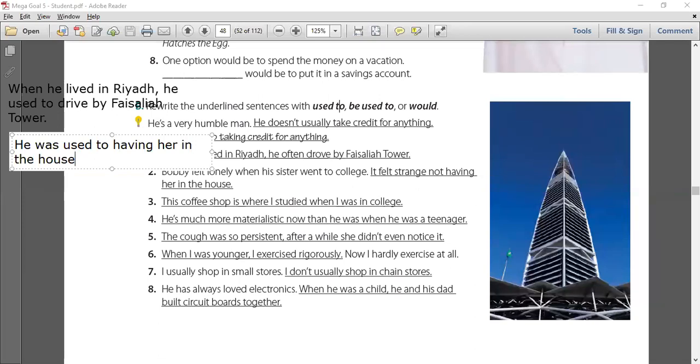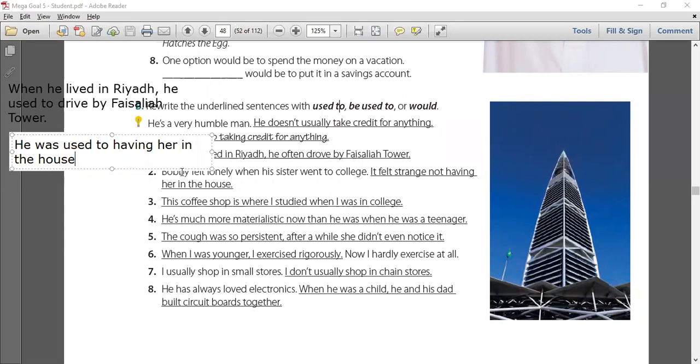Yes, I think we can say he was used to, because his sister was in the house and he was seeing her every day. Yes, we can say. Very good. He was used to having her in the house.